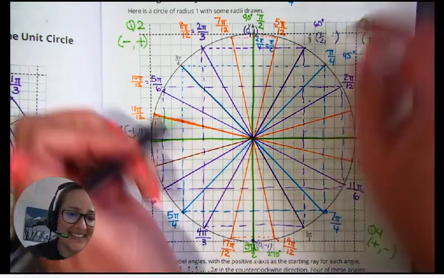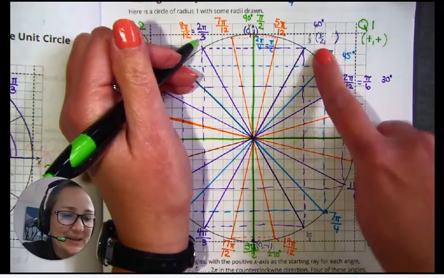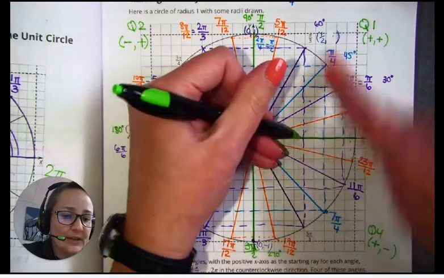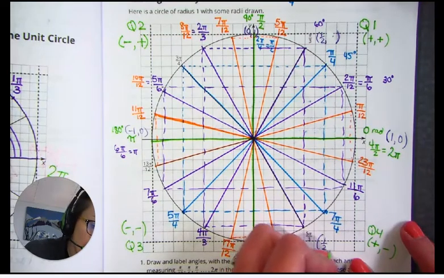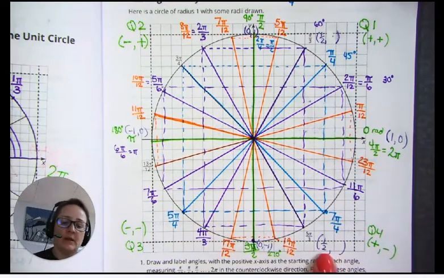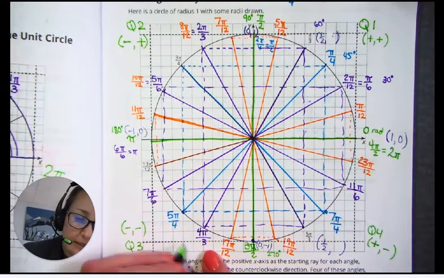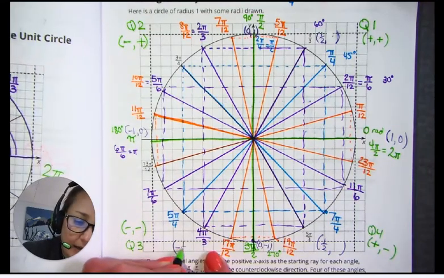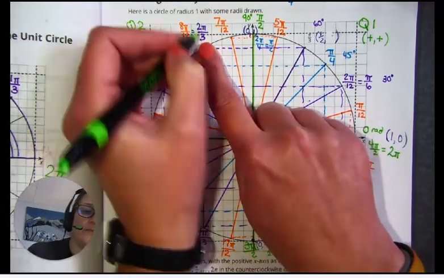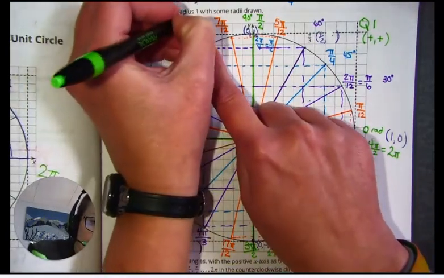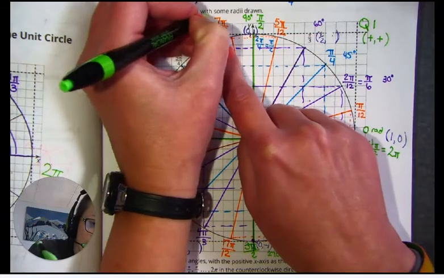All my students just groaned, me and my yets. So if it moved this way for 1/2, that means 5 pi over 3 is also 1/2 something. And 4 pi over 3 is just a negative 1/2 something. 2 pi over 3 is also a negative 1/2 something.